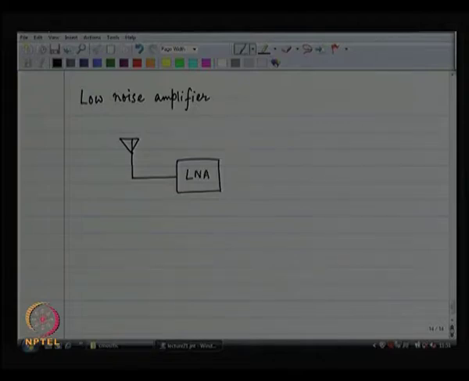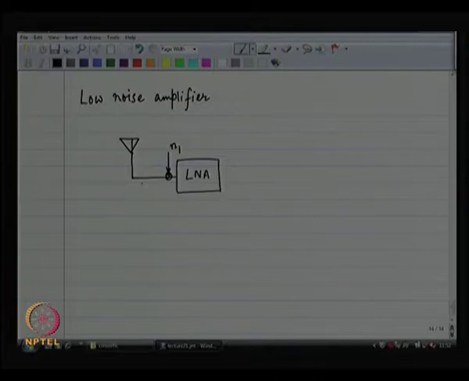Your antenna is capturing some signal, the signal has some noise because of the antenna and everything else. The low noise amplifier is adding very little noise of its own compared to what is already there, but it is amplifying everything.